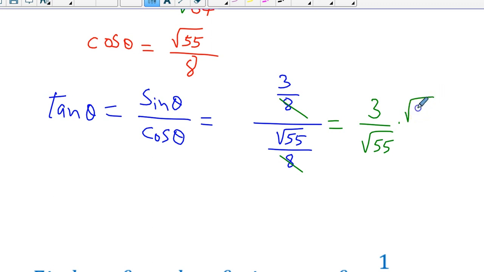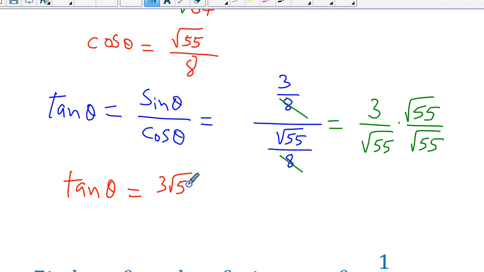Therefore, what do you have to do? Multiply and divide this fraction by the square root of 55 to give 3 times square root 55, and the product of these two, root 55 times square root 55, is again 55. So my tangent tan theta is equal to 3 times the square root of 55 over 55.